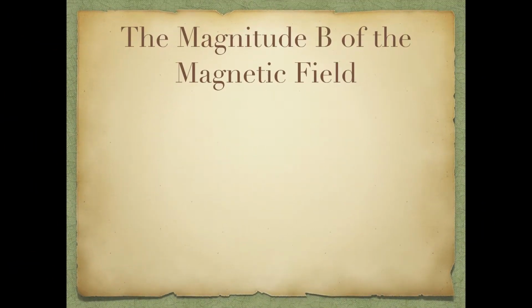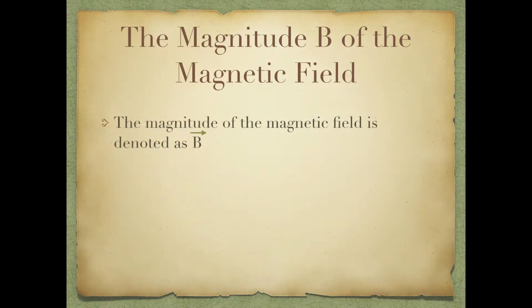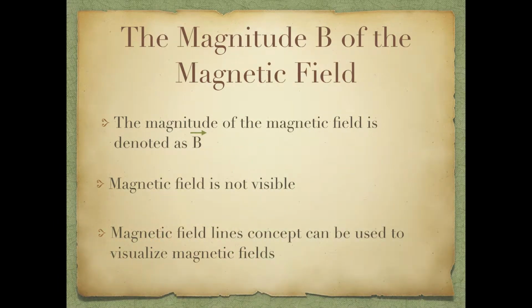The magnitude of magnetic field. Historically, the symbol B has been used to represent a magnetic field. We cannot see magnetic fields with our eyes. But a magnetic field can be represented by means of drawings with magnetic field lines.